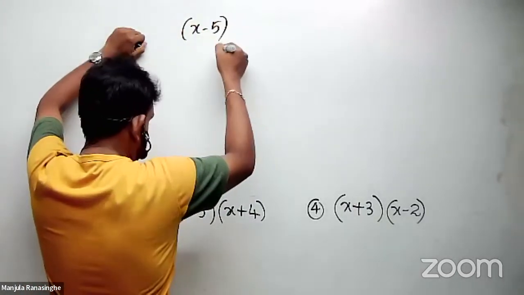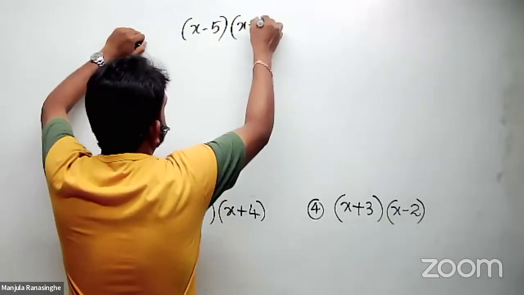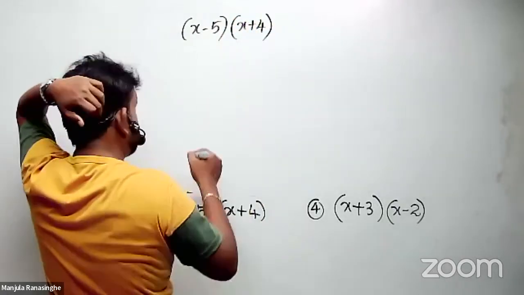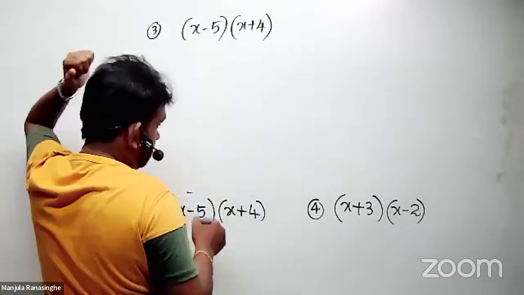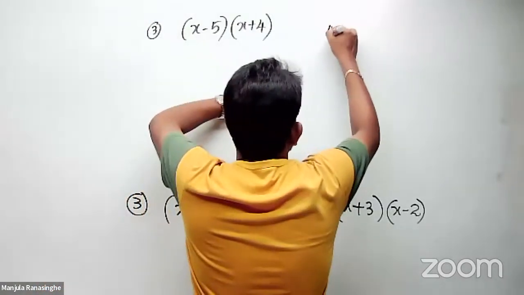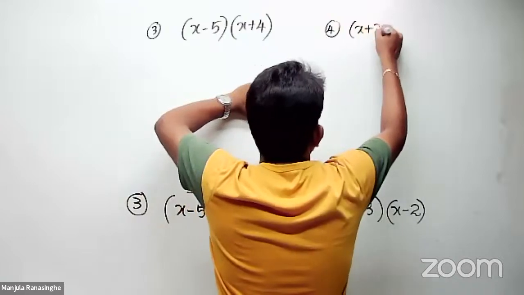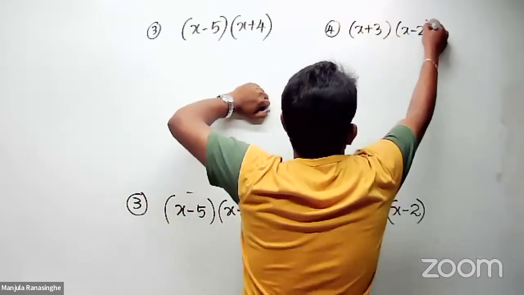Third one: x minus 5 times x plus 4, that is the first multiplication. And here, the fourth one: x plus 3 times x minus 2.